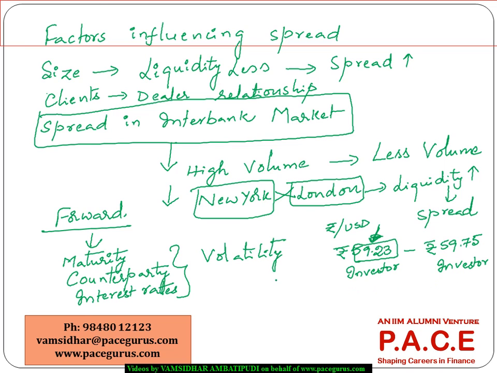So if the investor is interested in buying the base currency, that is, for 1 unit of base currency, what is the price currency? That currency is what we call the base currency. So if the investor is interested in buying the base currency, he should always buy at the ask rate, whereas the selling he will be doing at the bid rate.